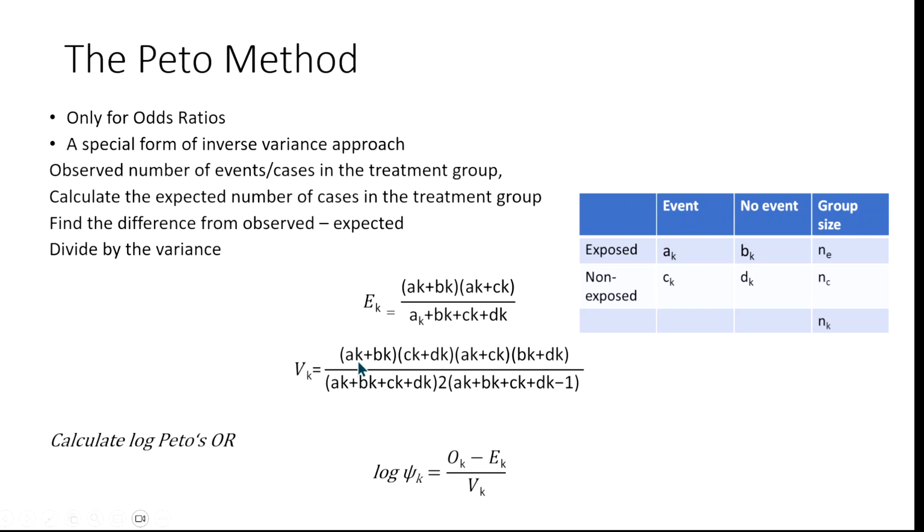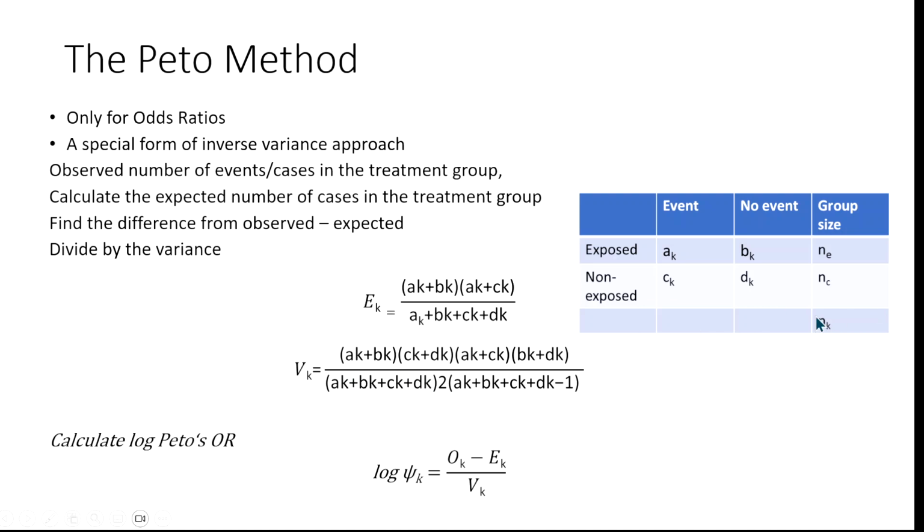The variance is actually calculated this way. You take the row 1 total times the row 2 total, that means A plus B times C plus D. Then you do the column totals, that means A plus C times B plus D, column 1 total times column 2 total.